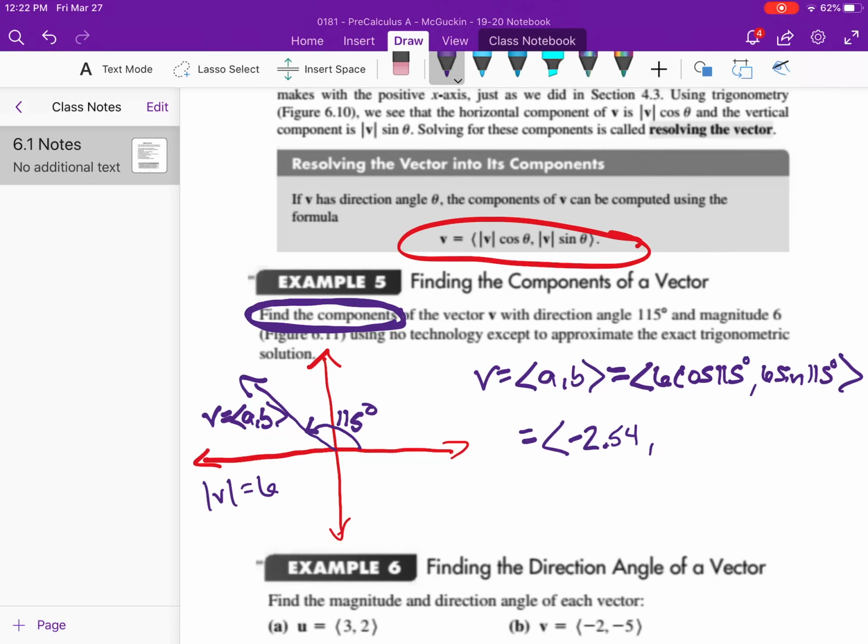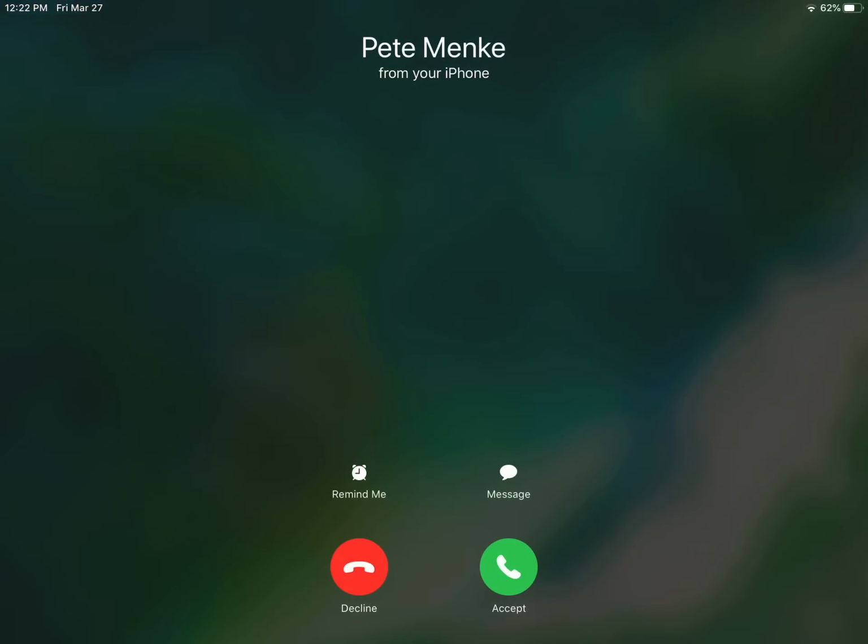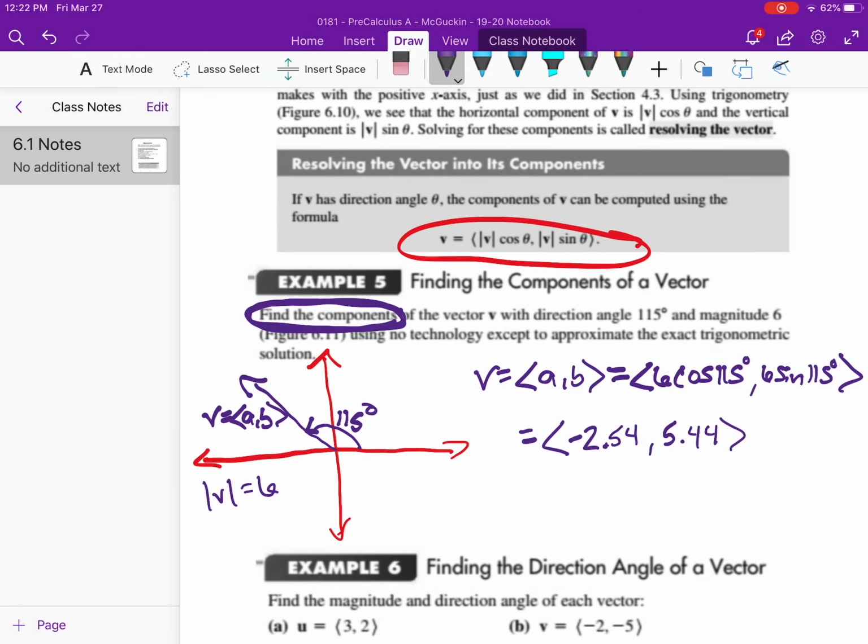And when you multiply 6 times the sine of 115, you get roughly 5.44. That helps us out. Depending on the situation, you could technically leave it in cosine and sine form, or you can simplify it to find an approximation. It just depends on what they are asking for.